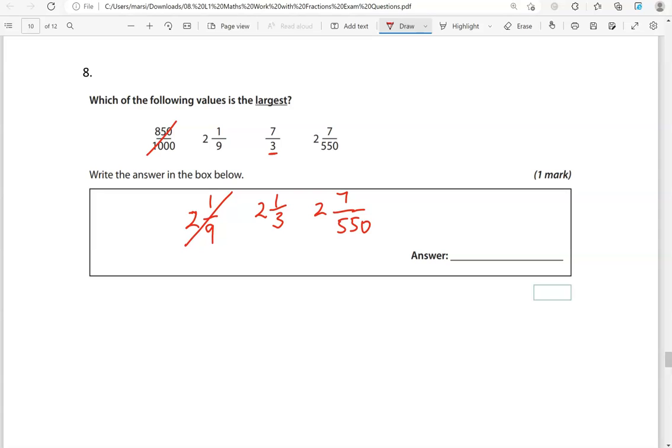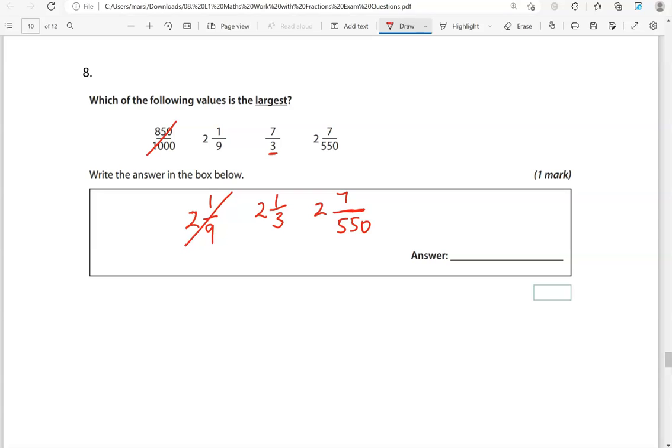Looking at these two, 2 and 1/3 and 2 and 7 550ths. 1/3 is larger than 7 550ths.